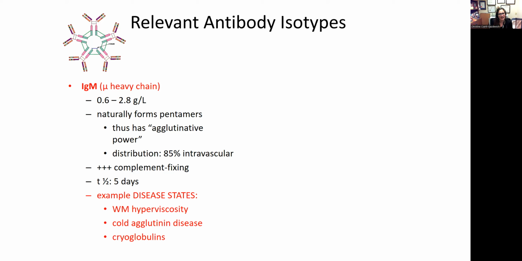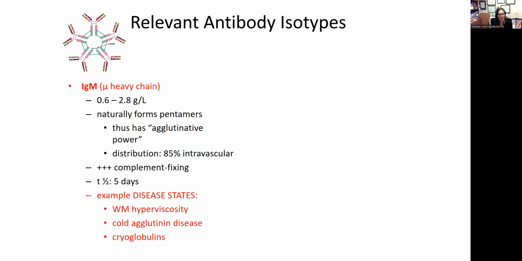hemolysis. And we call this a cold antibody because the molecule does even more of this pentamerization work the more heat you take out of the system. You know that from high school chemistry: if you cool down a supersaturated solution, it's going to crystallize more. So you get more and more of this viscosity-inducing or agglutinative activity of IgM under cold circumstances.